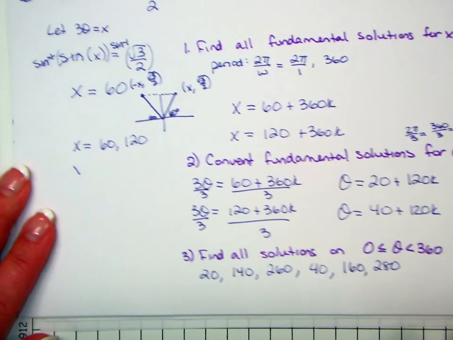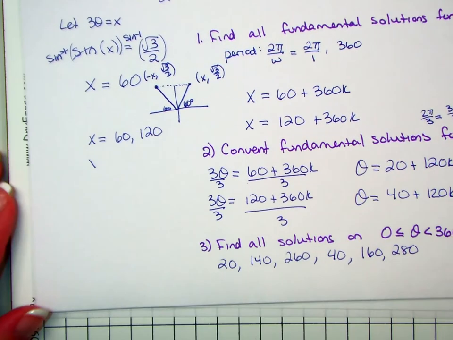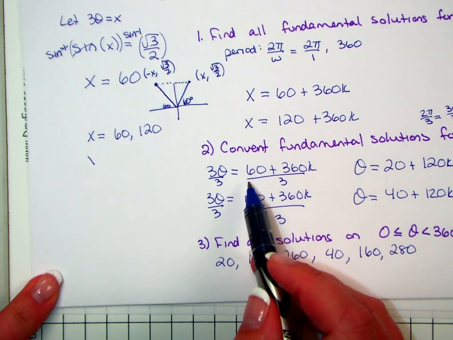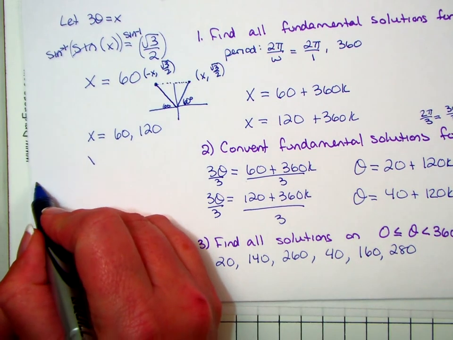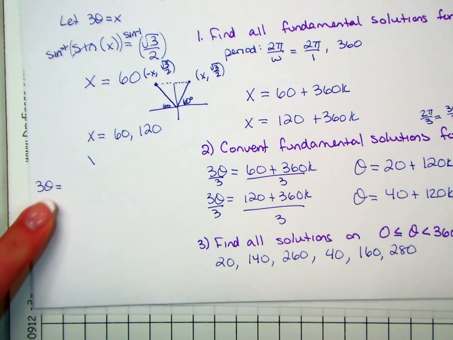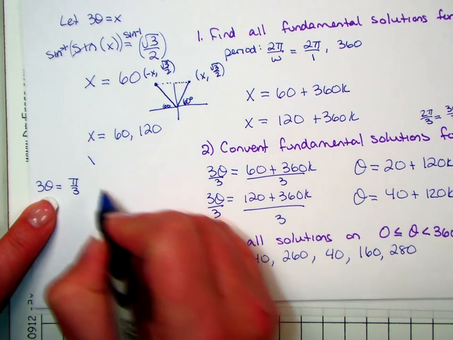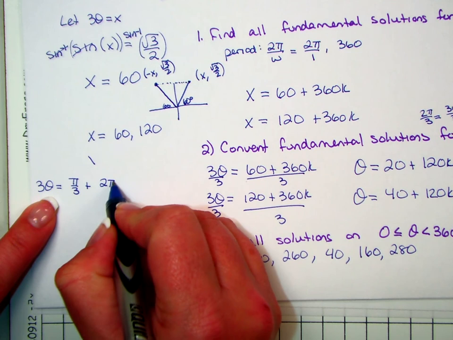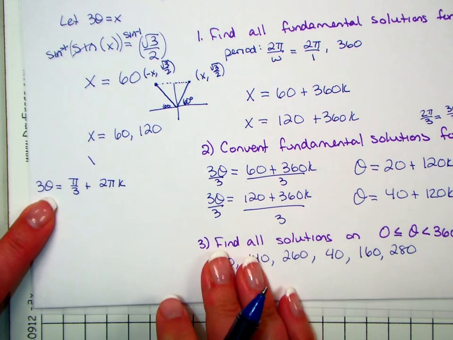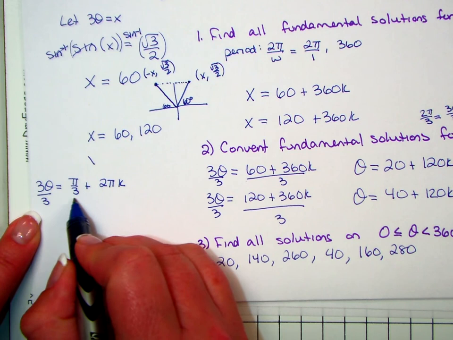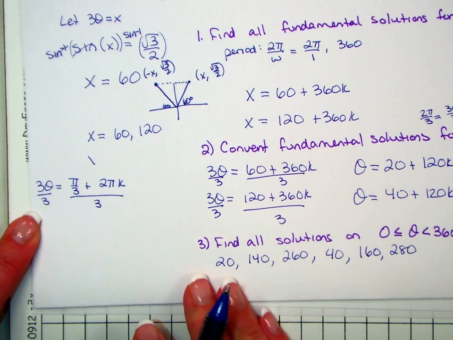Okay, now how do we do this in radians? Let me go ahead and start here and convert it to radians at the 3 theta mark. So 60 degrees is pi over 3 plus 2 pi k. So I'm going to divide everything by 3.